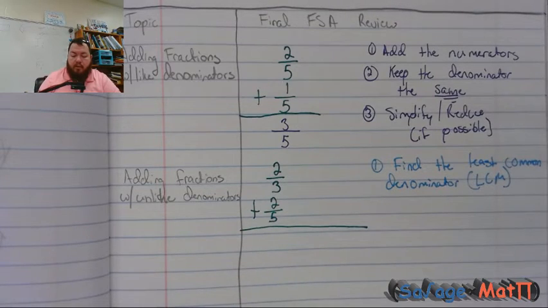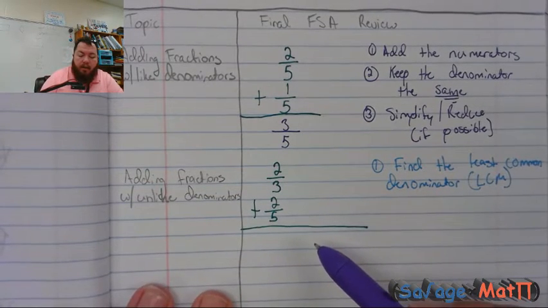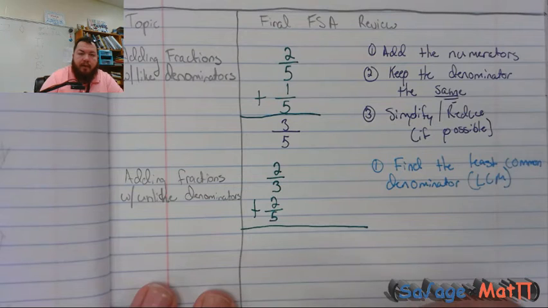Let's say we didn't know our common denominator, we'd find the least common multiple.